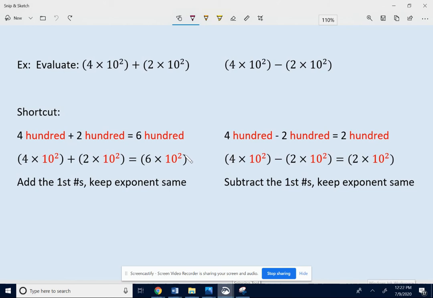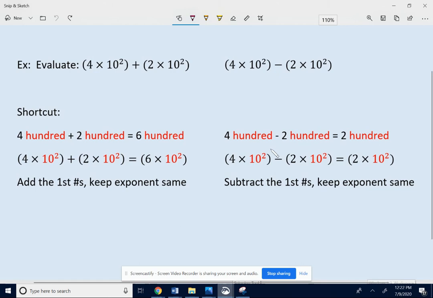So the shortcut is to add the numbers in front, the 4 and the 2, and keep the exponent part the same, the 10 to the second, just keep it the same. Same with the subtraction problem. 400 minus 200 would have to be 200.